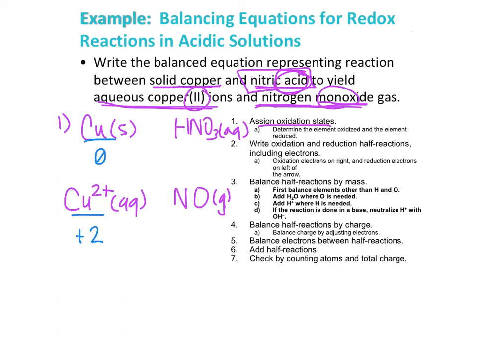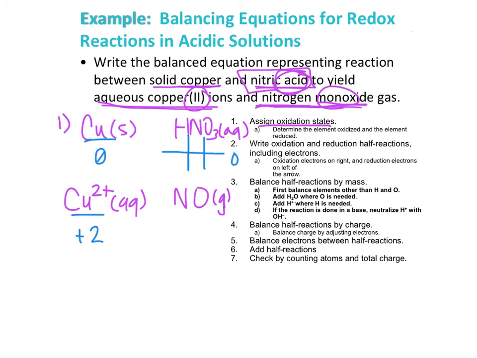Next, for each of these compounds, first we have nitric acid and then we have NO. For each of these is where you would determine oxidation states for everything. For example, hydrogen and oxygen here are knowns because they have very common oxidation numbers, which we can apply based off of those rules to this situation.